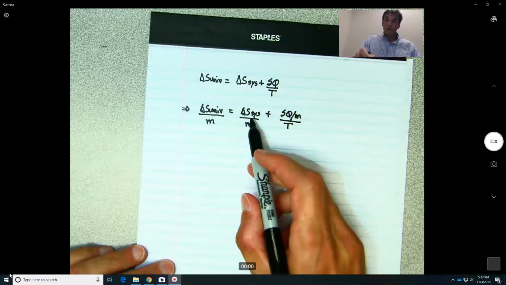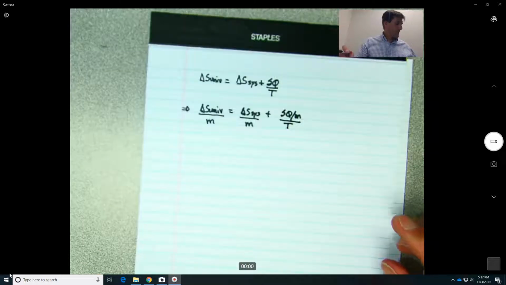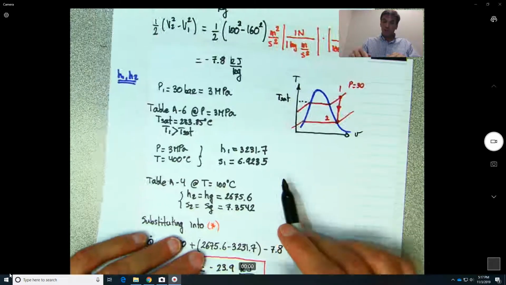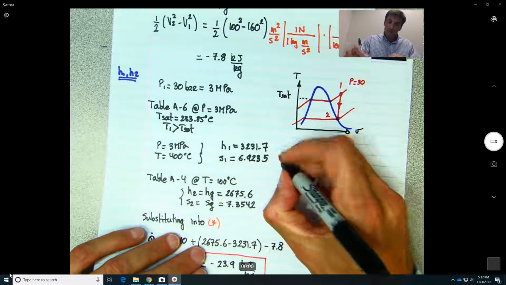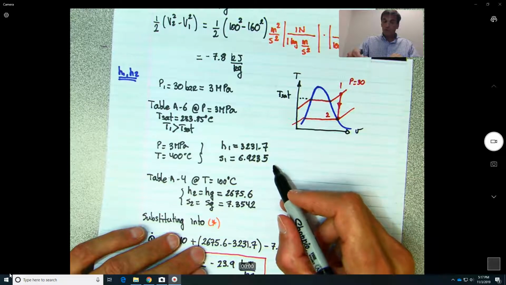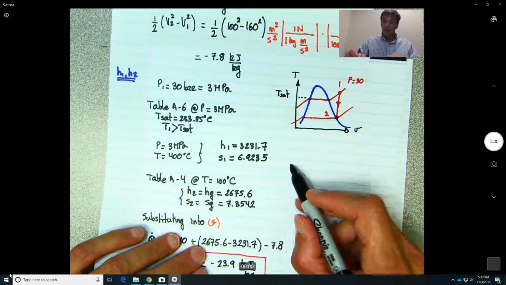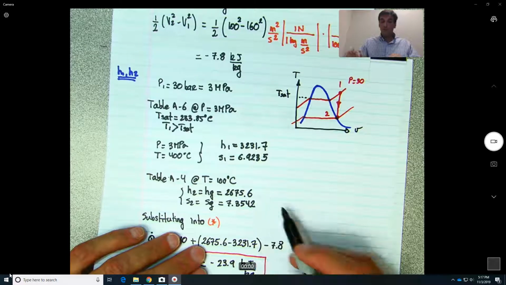So what are the units for S over here? These are kilojoules per Kelvin kilogram. Okay, and this is kilojoules per kilogram.